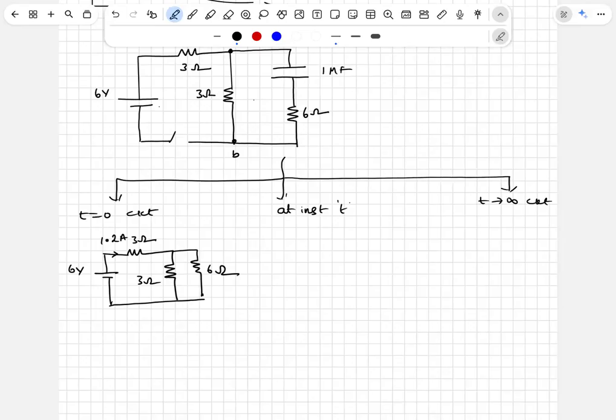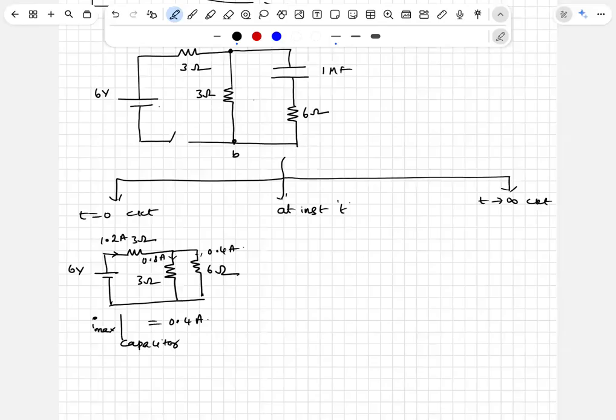And that 1.2 again splits here in 1:2 ratio. 1/3 of 1.2 is 0.4. 0.4 ampere will pass through here, 0.8 ampere through here. I can say the maximum current through the capacitor is 0.4 amps. Any doubt?